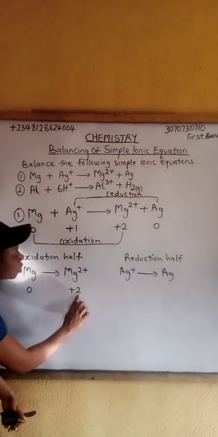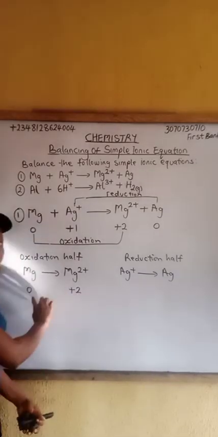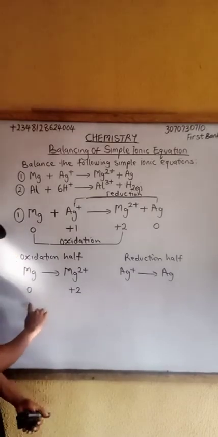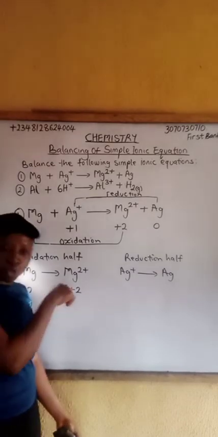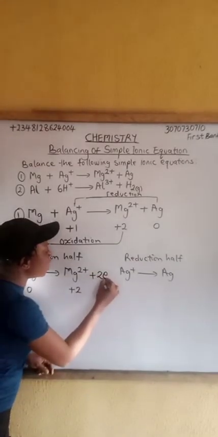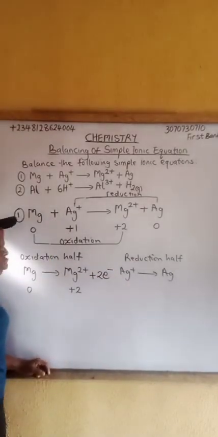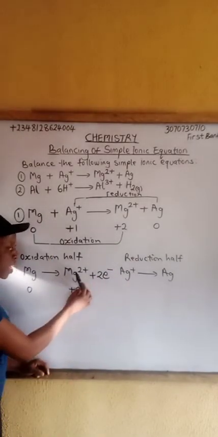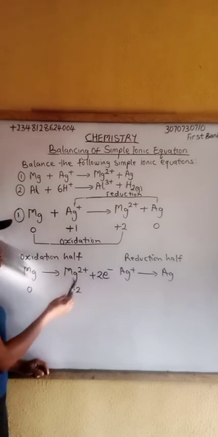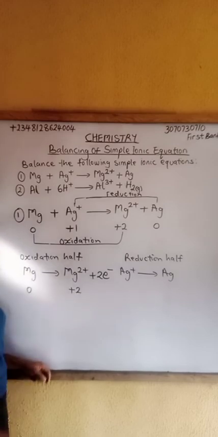Now what will I subtract from 2 that will give me 0? I will minus 2 from 2. So therefore you add 2 electrons. Addition of 2 electrons is like you are taking away 2 from this oxidation number.